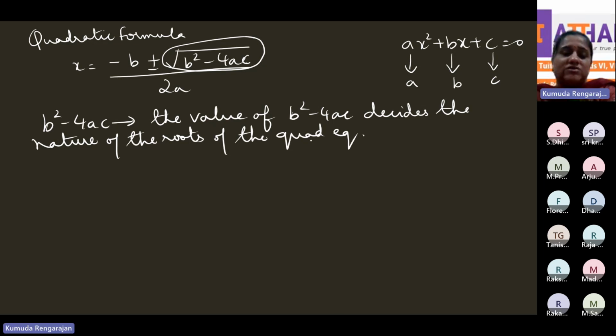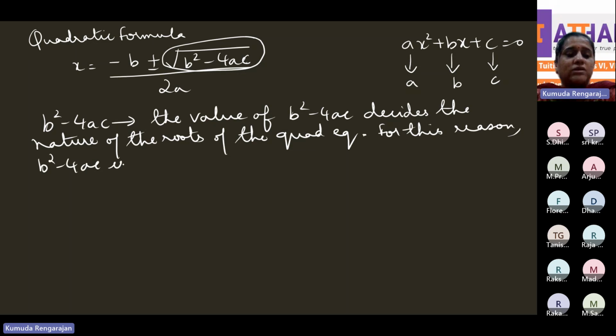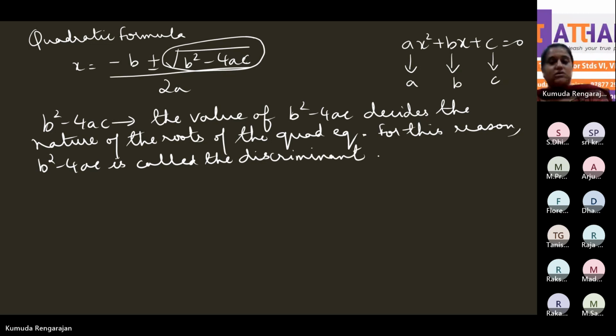Because that expression is under the square root. For this reason, b square minus 4ac is called the discriminant, because it decides the nature of the roots of the equation.